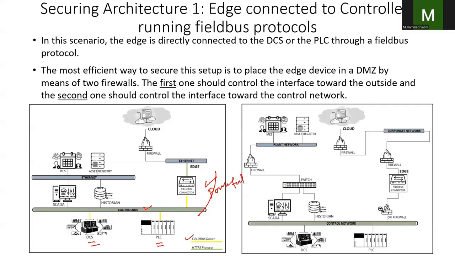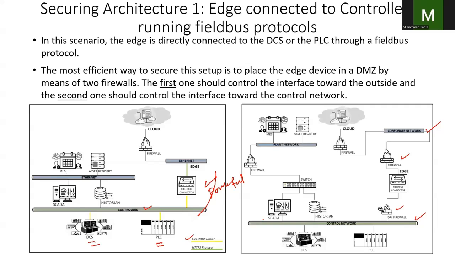But to secure this environment, we need to use a two-firewall strategy. We need to place the edge in the DMZ zone between the corporate network and the control network, like here.